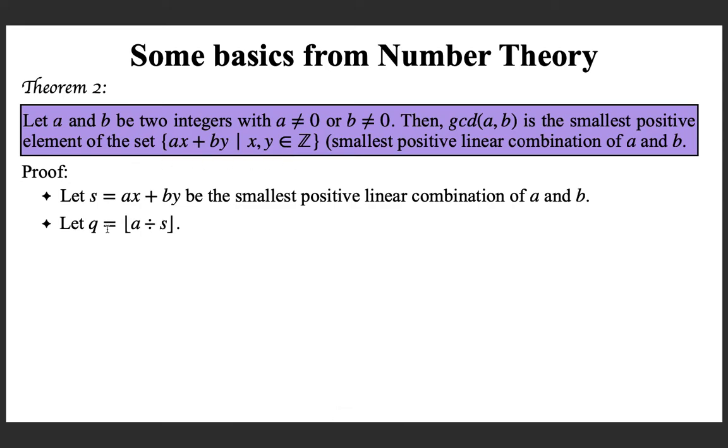And let Q be the quotient of dividing A by S. Right? What is S? S is the smallest linear combination. Okay.